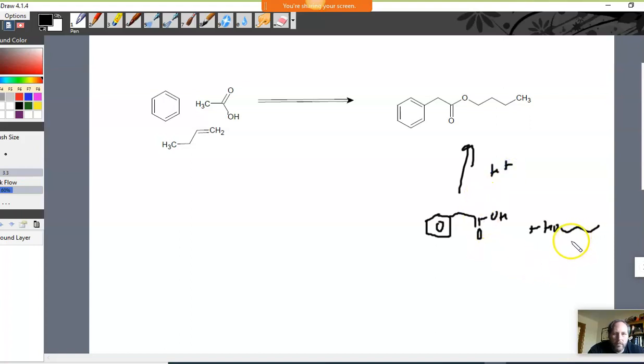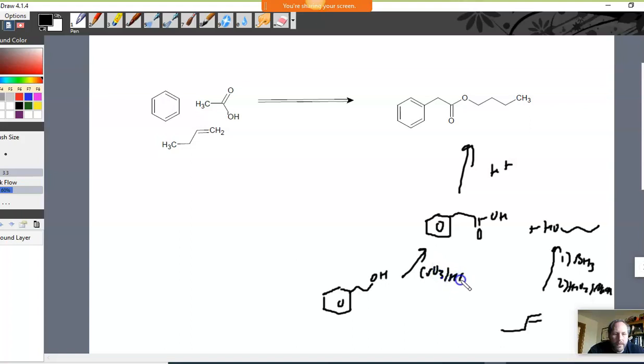To make this alcohol, you can do it from the starting material by doing anti-Markovnikov, with sodium hydroxide. To make this, I have to start from the acid.